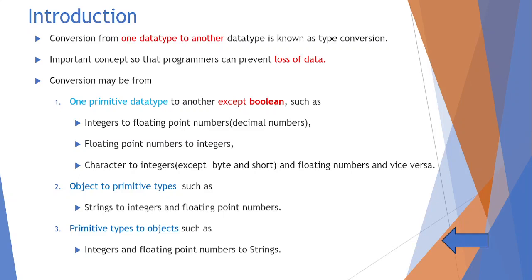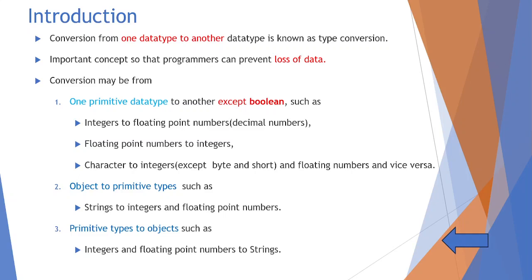Conversion may be, first, from one primitive data type to another type; second, object to primitive type; third, primitive type to objects. In this video, we'll be concentrating on the first one, primitive data type to another type conversion. The second and third are explained in the wrapper classes video.